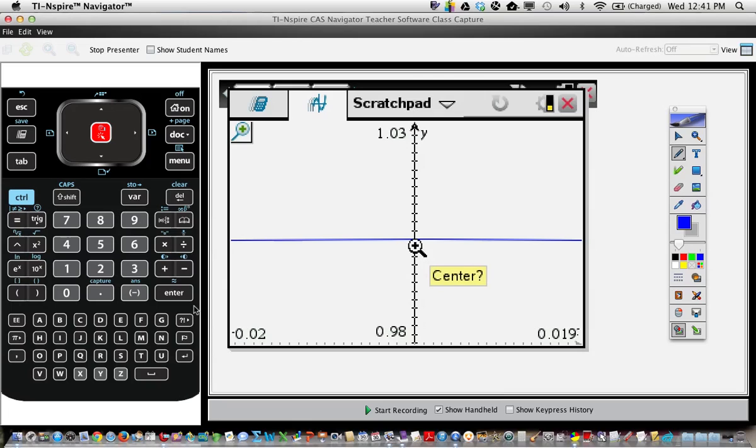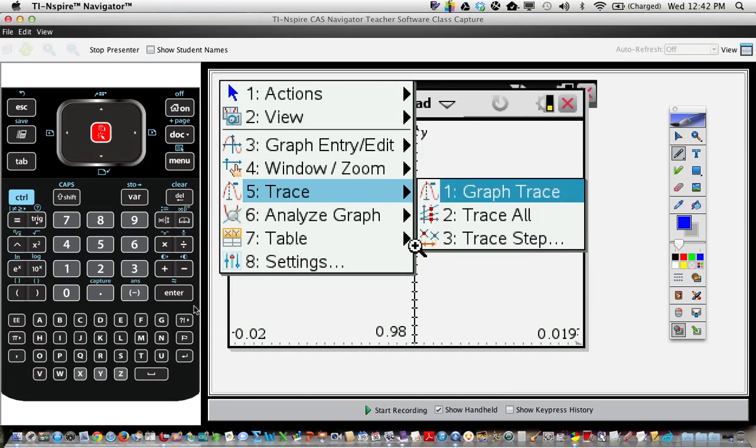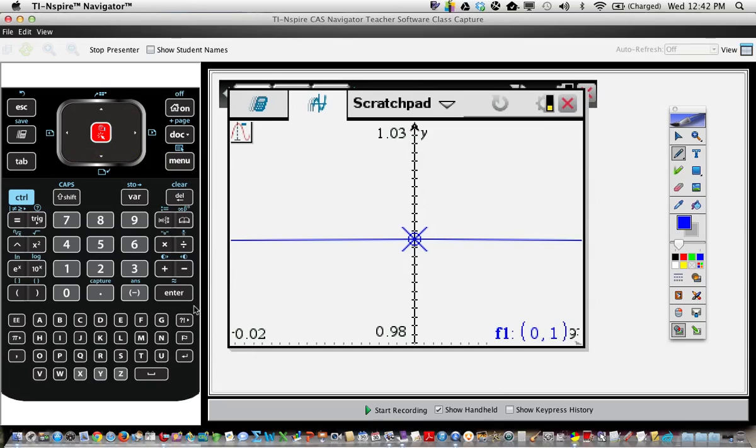Now it looks straight, but imagine where we are. We're at the top of this hill. It was coming up like this, and it was curved, but right there we're just in that tiny little spot. If we go to menu and graph trace, this is right at the point 0, 1. Is everybody's? If it's not, you can hit 0 and enter.